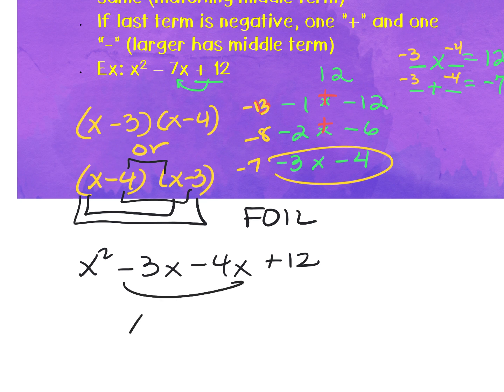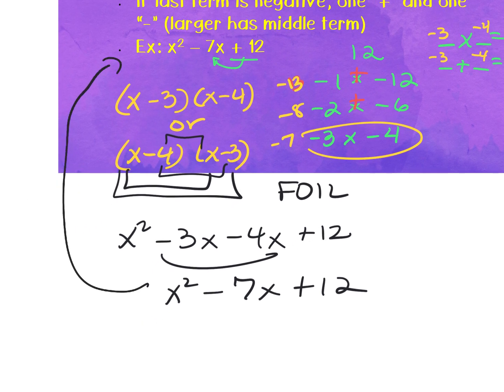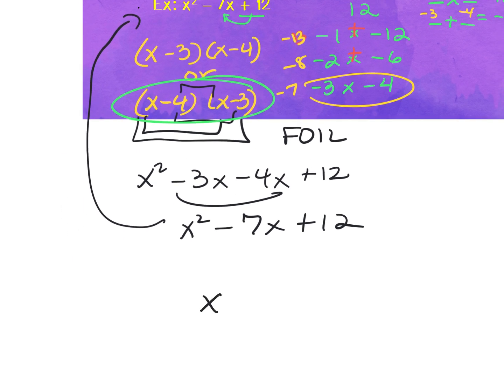We're going to add the middle, and it did go back to the original, so I did correctly factor this. So again, the answer is two binomials, x minus 4, x minus 3.